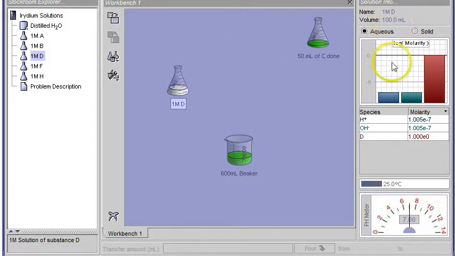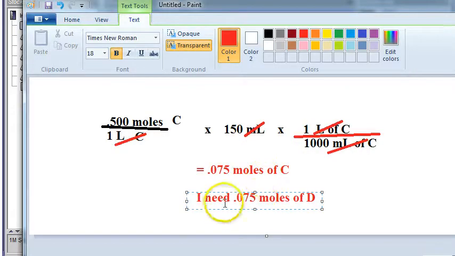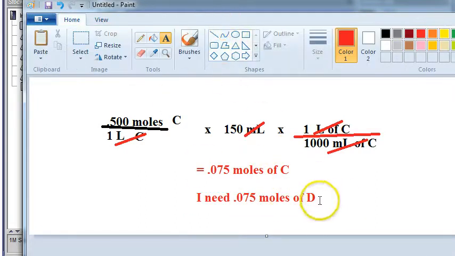We have 100 milliliters of it. We can get as many of these 100 milliliter flasks as we want, but the molarity is 1 molar. That means it's 1 mole in 1 liter. So if you need 0.075 moles, that's the same as 0.075 liters. Let me show you.